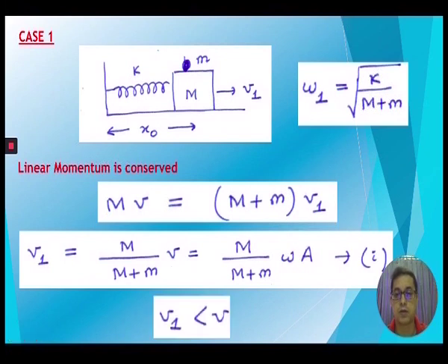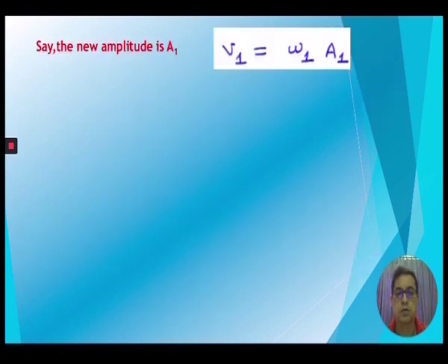Okay, that is one piece of information we obtained. Another one is that the new amplitude is A1, so v1 I can write in terms of amplitude as omega 1 into A1.